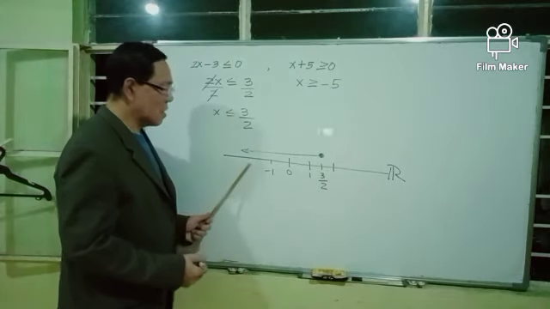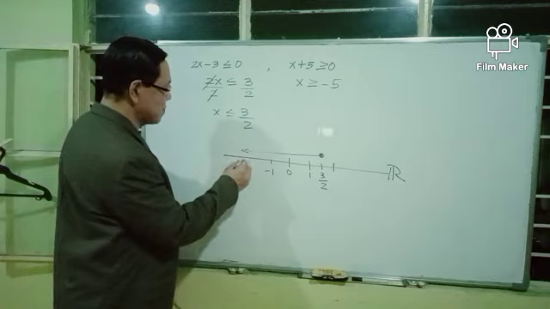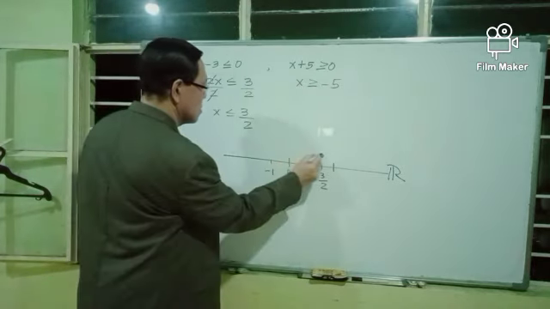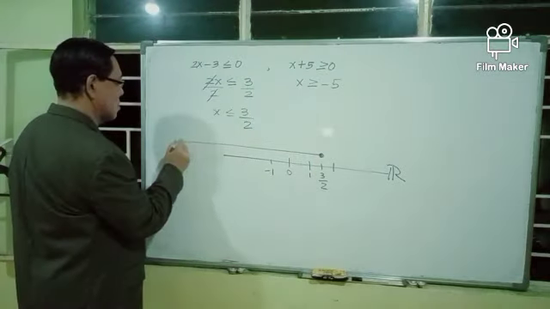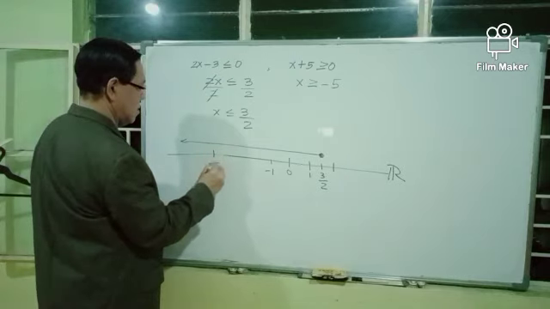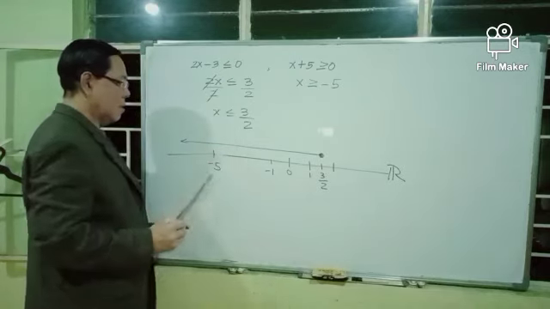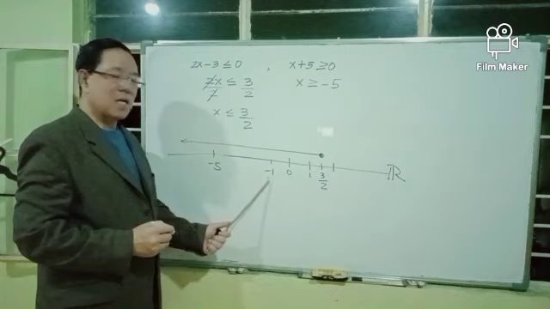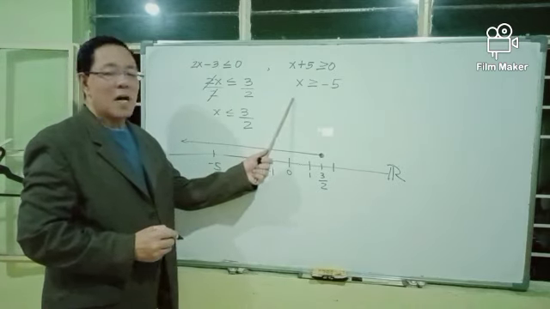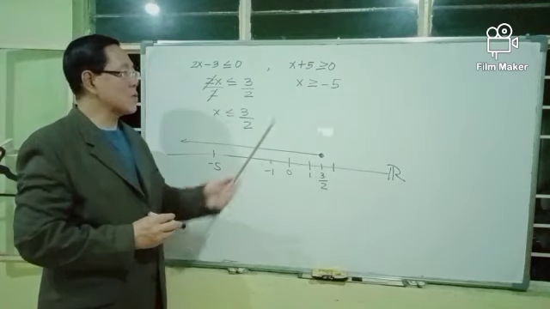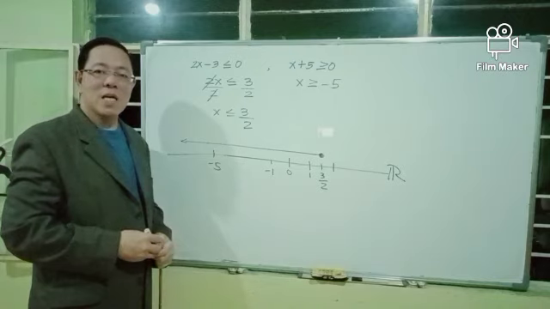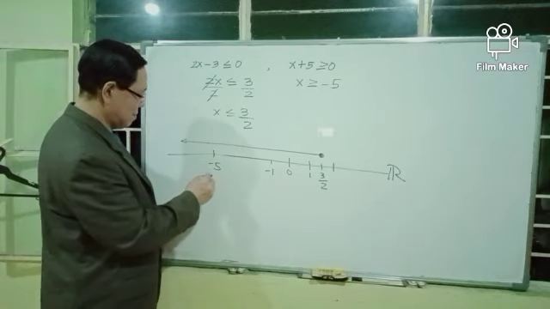And we represent that in this diagram. This is negative 5, 0. To indicate that x equals negative 5 is a solution of this linear inequality, we indicate that by a shaded circle.